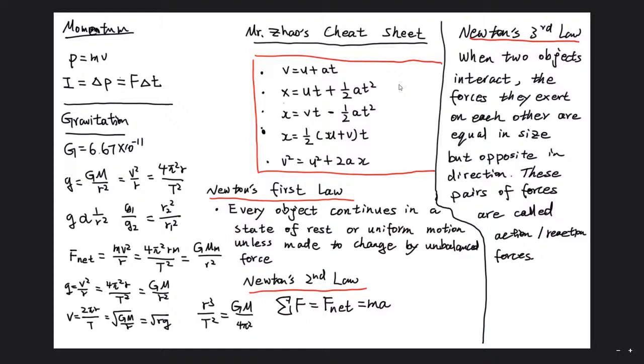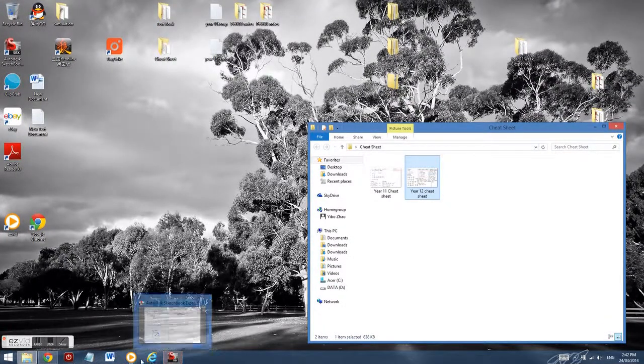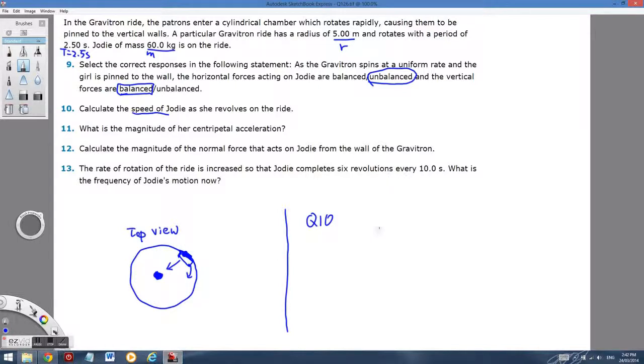Here, velocity equals 2 pi radius divided by T. If you don't have the equation, write it down and substitute all the values in. So the velocity will be 2 pi times 5 divided by 2.5. Type it in your calculator. You should have 12.6 meters per second.